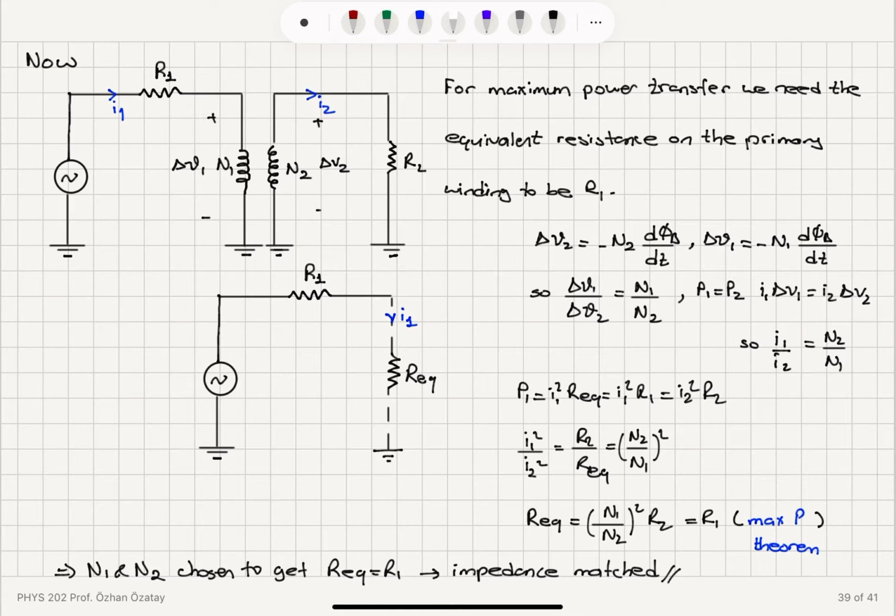And this power that we're going to see on the primary will be equal to I1 square R equivalent, which should be equal to I2 square R load. So we have I1 square over I2 square, input power equals output power, is equal to R load over R equivalent, and I1 square over I2 square is (N2 over N1) square.